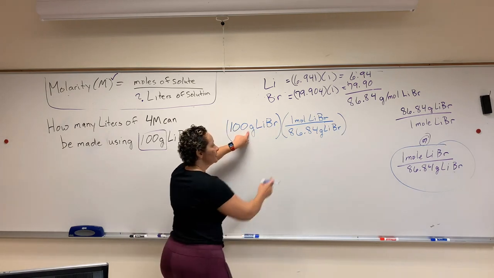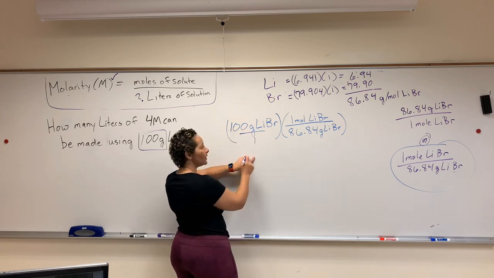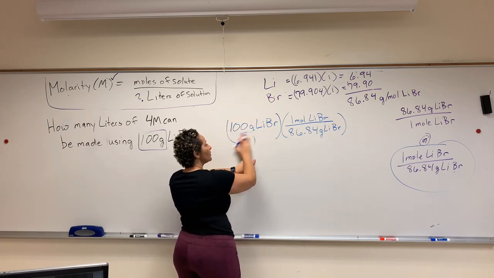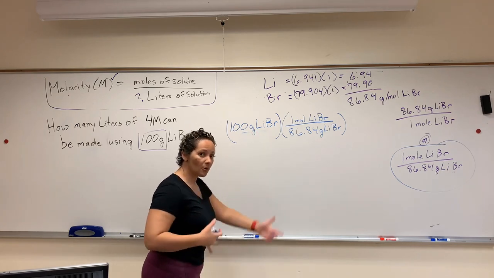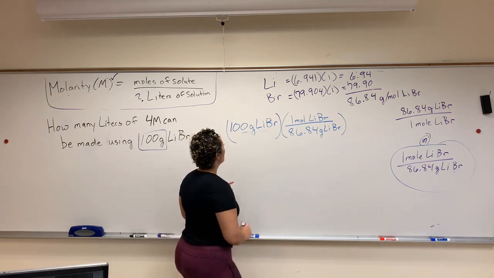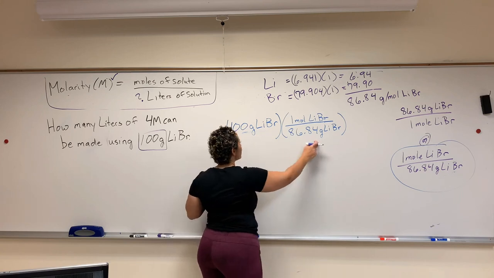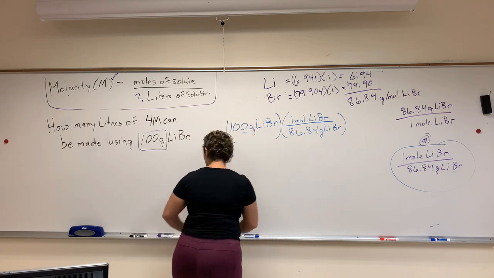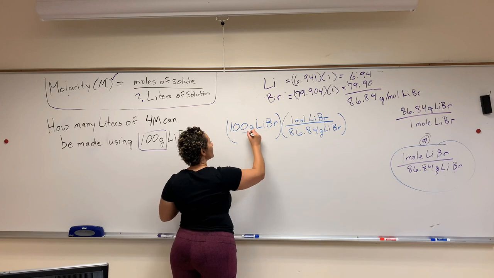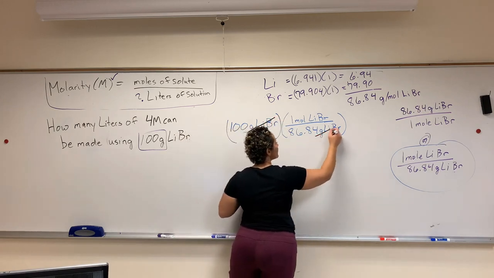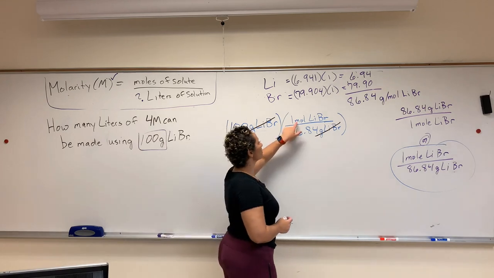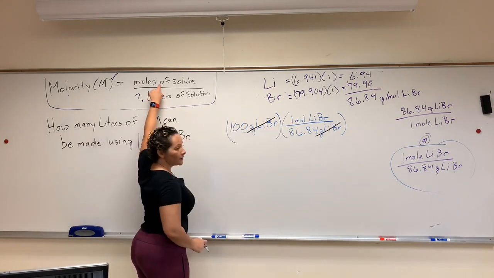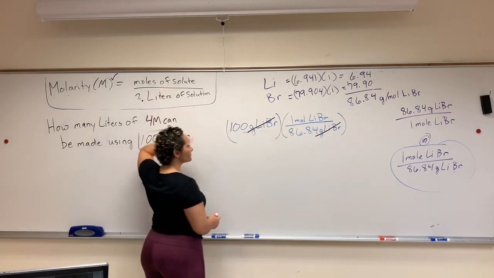So grams, remember, that's equivalent to 1 over 1. Okay, I show you every time just to kind of help you remember. Once you get going, then you just know. All righty, grams LiBr, grams LiBr. Let's cancel the label. Go ahead and cancel the label with a different color. Cancel and cancel. Now we are left with moles. Look at that. That's what we're trying to solve so far, moles.